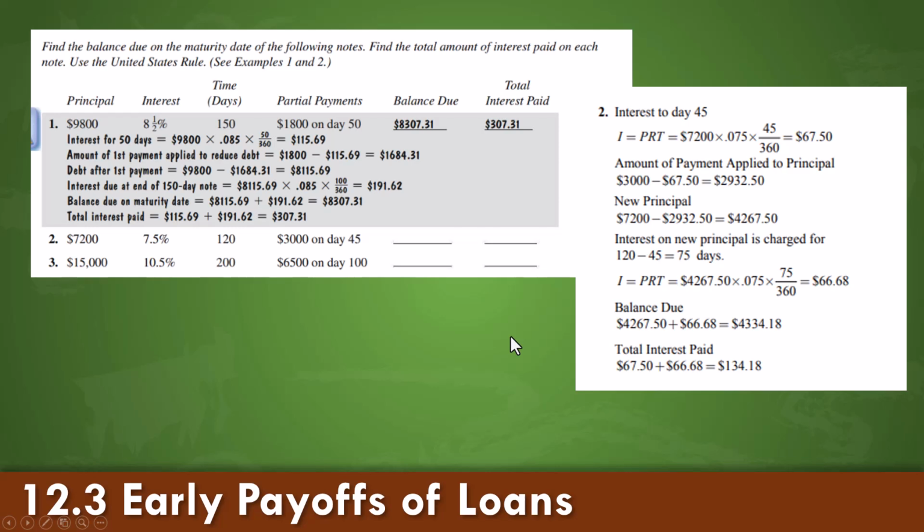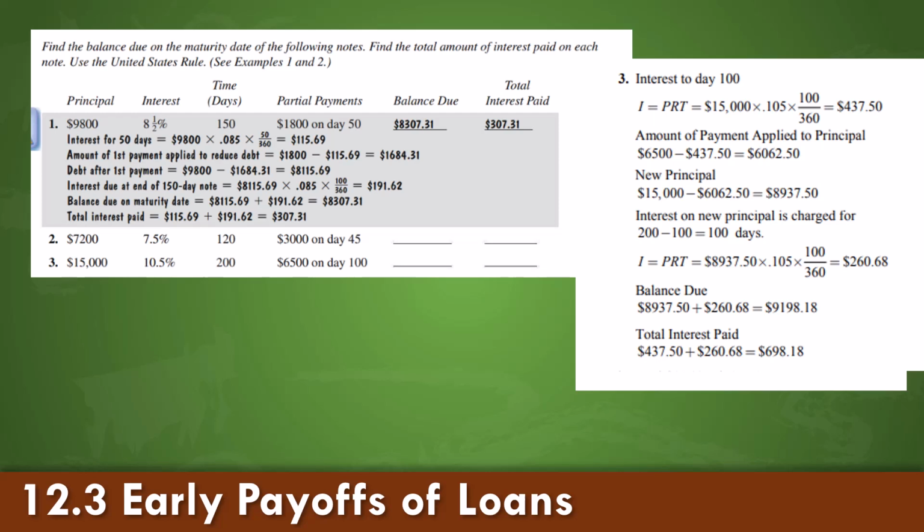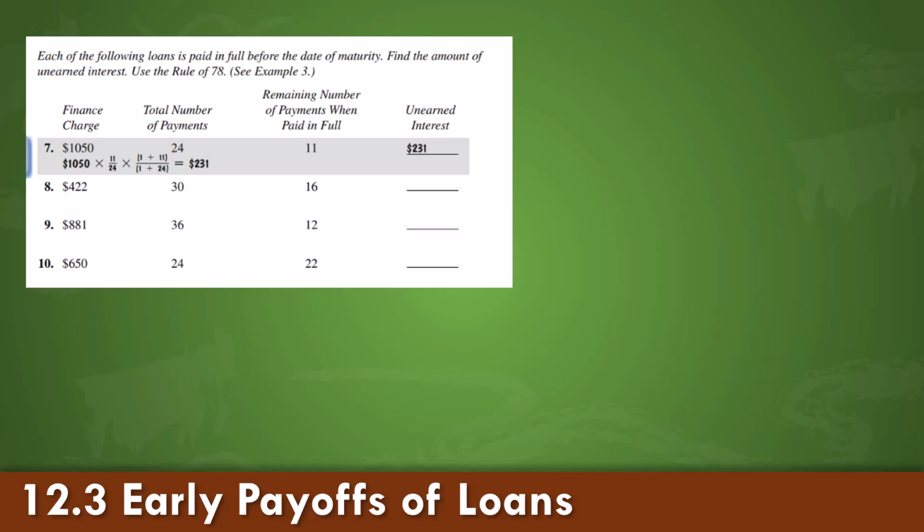Two more examples are provided for you here. In each of the following, loans are paid in full before the maturity date, find the amount of unearned interest, and for this we use the rule of 78. So here's my formula.